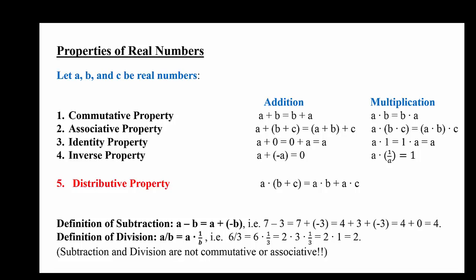So this is equal to 6 times the reciprocal of 3, which is 1/3. So we'll rewrite the 6 as 2 times 3 times 1/3. And as we know from the inverse property of multiplication, we have 3 and its reciprocal, so that equals 1. So we have 1 times 2, which is 2. That's right. So a number times its reciprocal just gives us back 1. And we know from the identity property that any number times 1 just gives us that number back. So indeed we get 2.